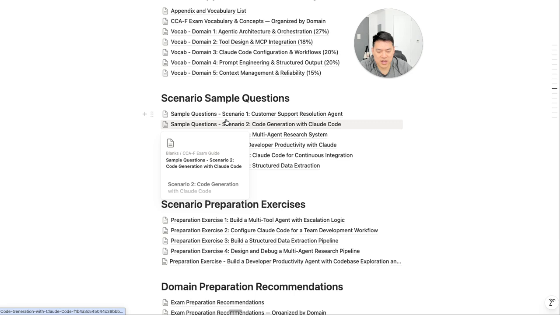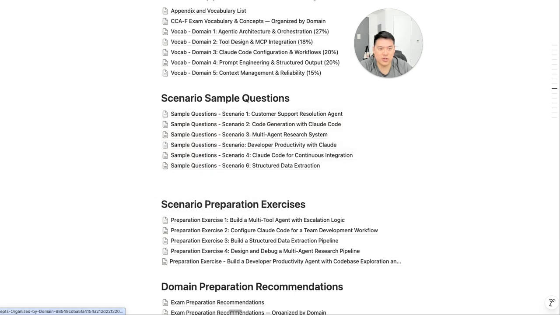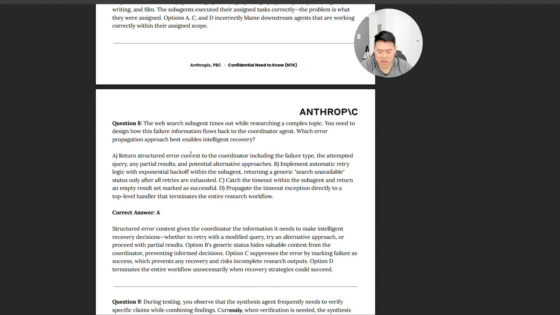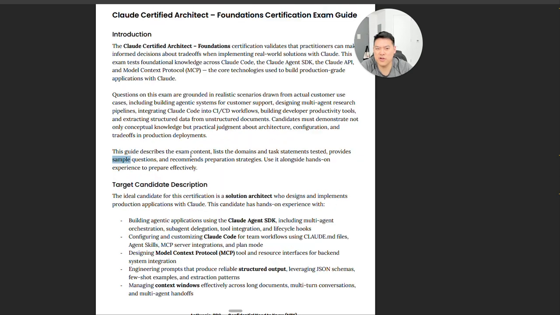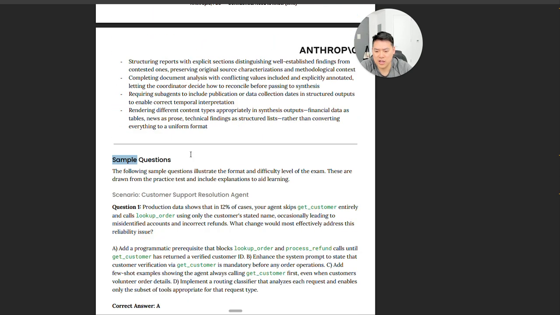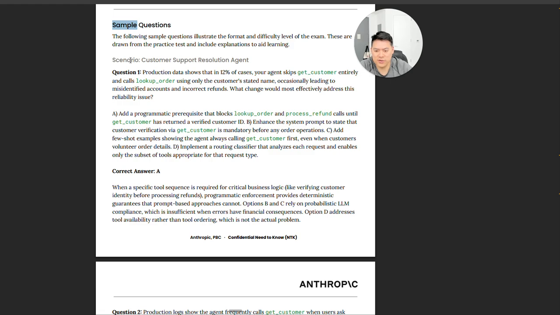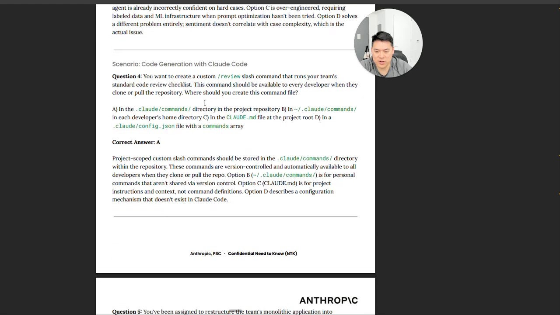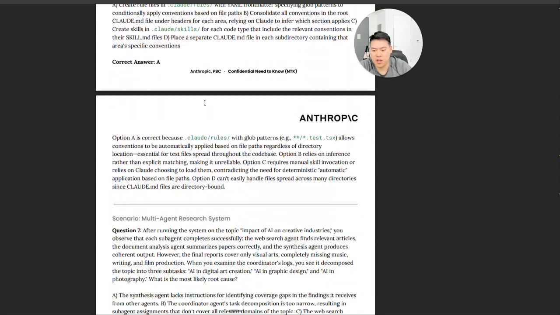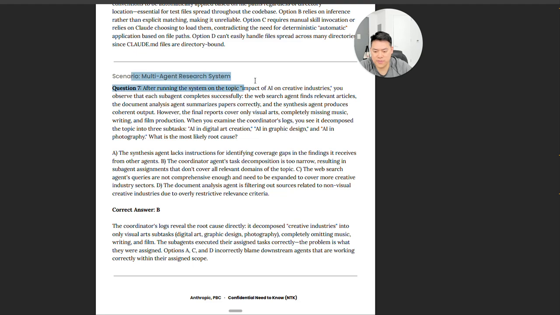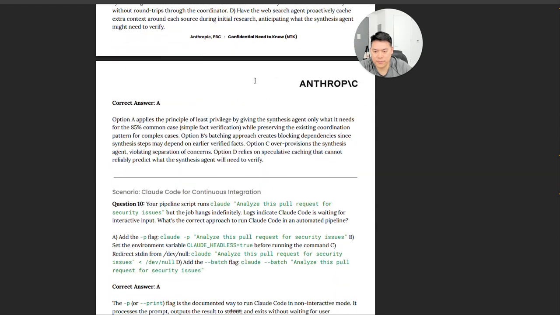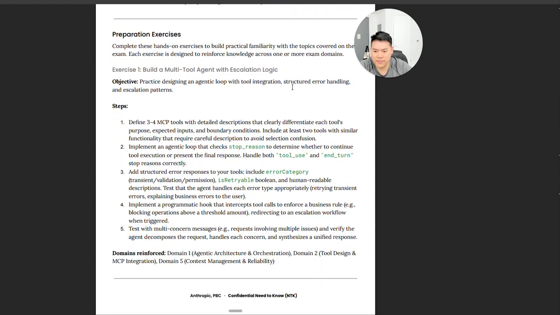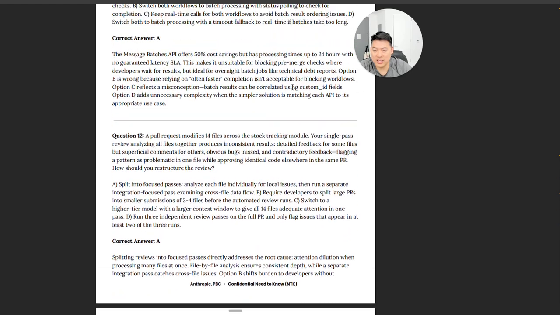So if you go down to sample questions down here, you have scenario 1, and then you scroll down and you also have scenario 2, scenario 3, okay, and then that's pretty much it.